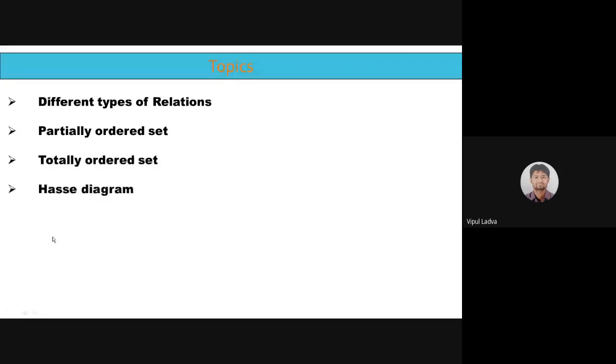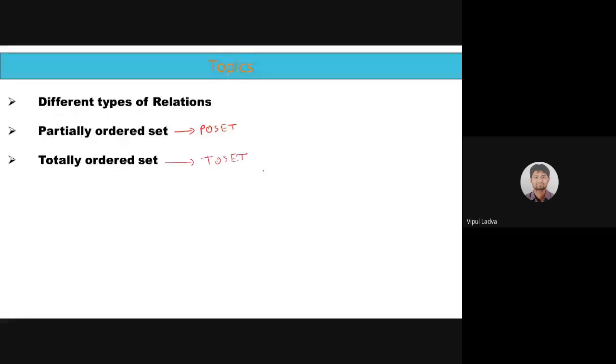Partial ordered set we will call POSET. Then after the partial ordered set, we will move to the next one, that is totally ordered set, जिसका initial हम देंगे TOSET. We'll be knowing this as a TOSET.